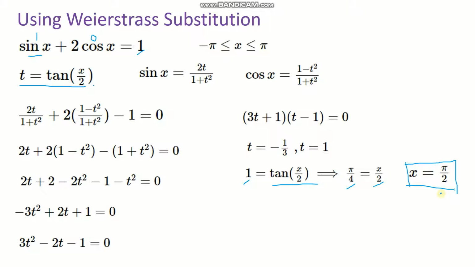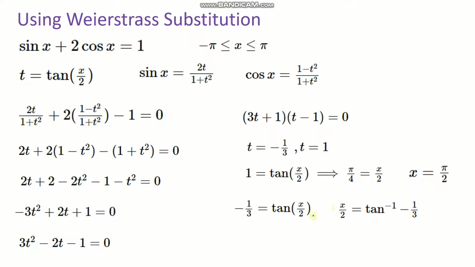Now using t equals negative 1 over 3, we have negative 1 over 3 equals tangent x over 2. We take the inverse tangent of both sides. The inverse tangent of tangent x over 2 is x over 2, so we keep x over 2 on the left-hand side, equals the inverse tangent of negative 1 over 3.